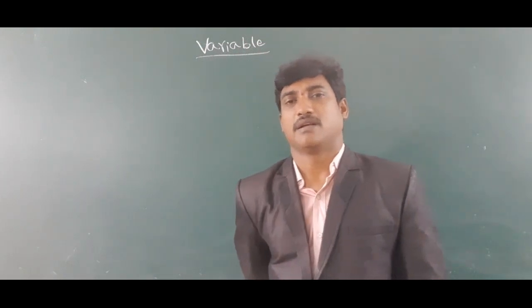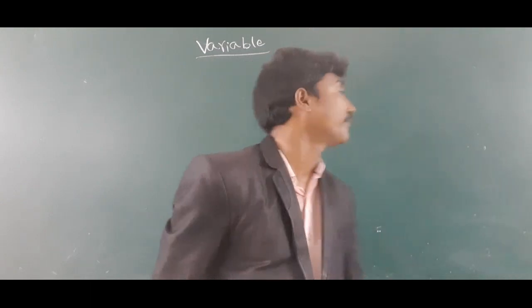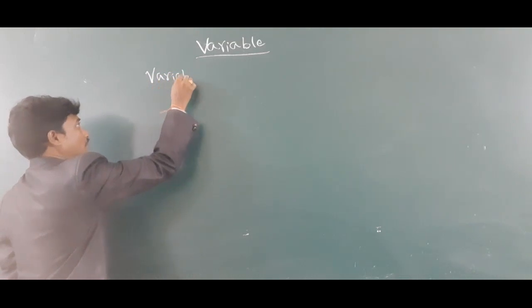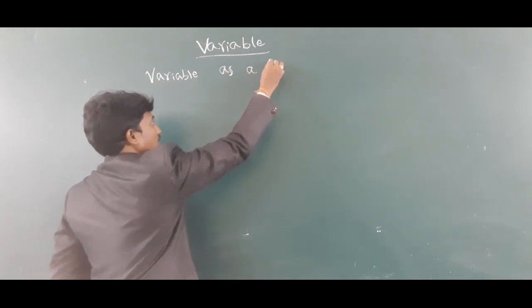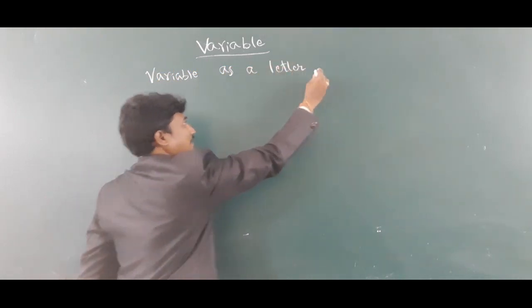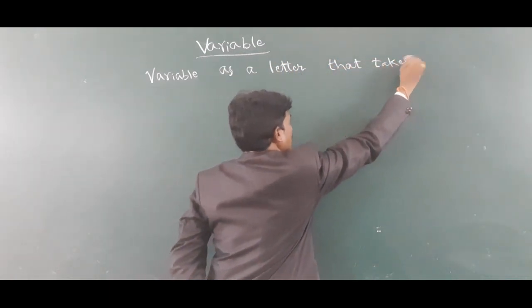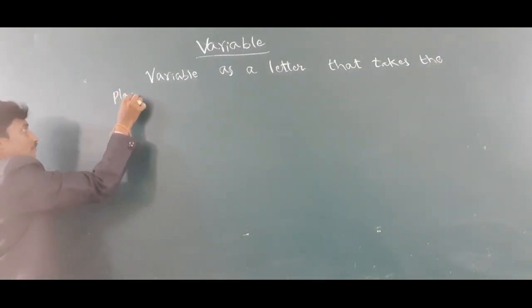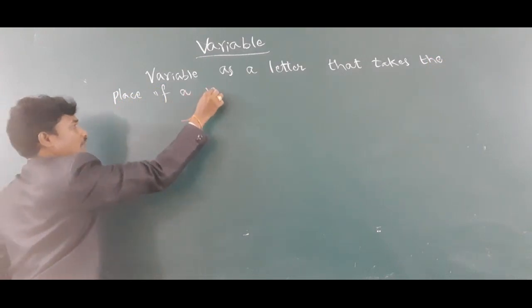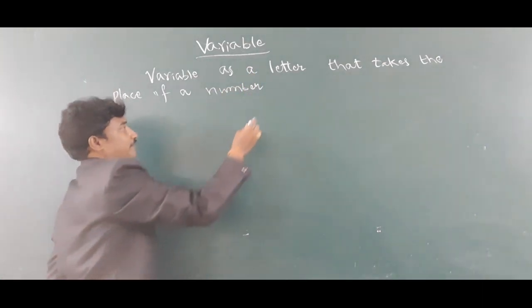A variable is a letter that takes the place of a number until we figure out what that number is.